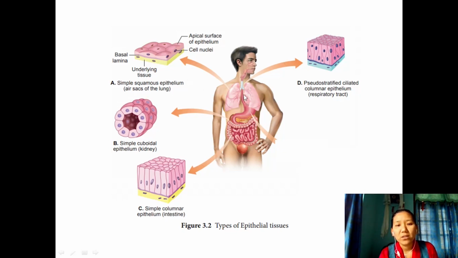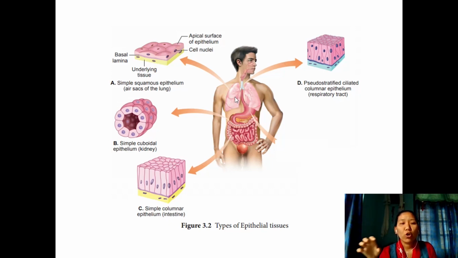Inside it you can see a number of tubes which divide into still finer tubes, finally terminating in a sac-like structure called the alveoli, where the exchange of gas, that is the diffusion of gas, takes place.